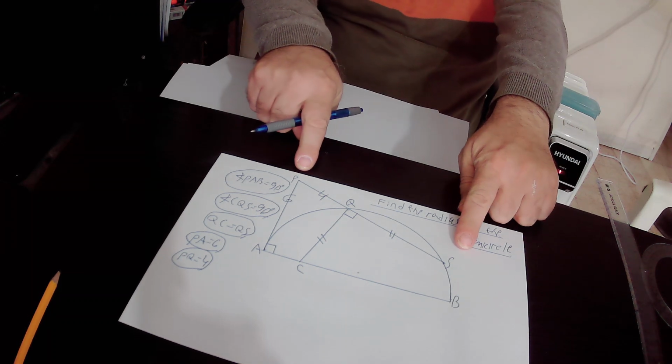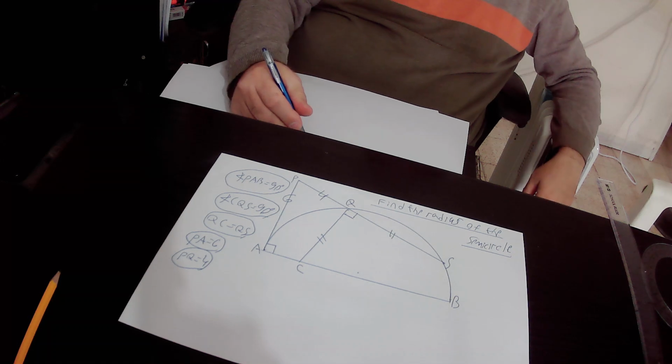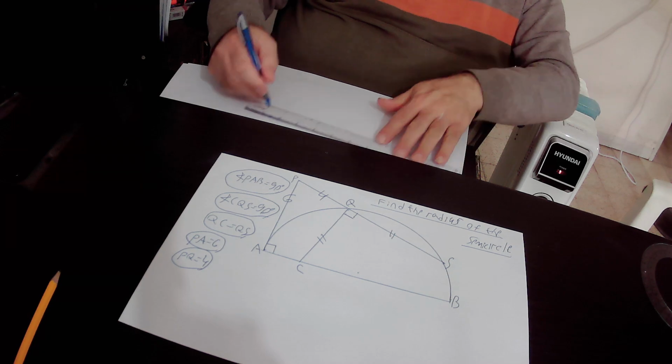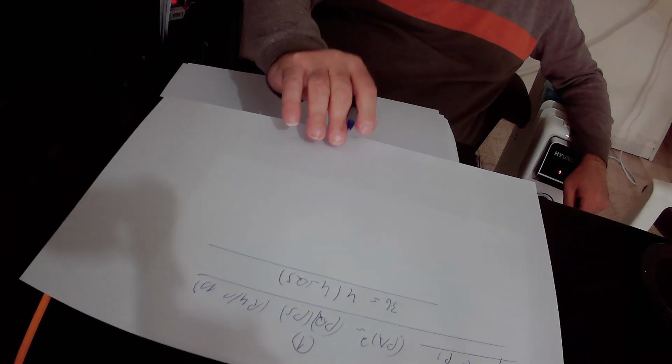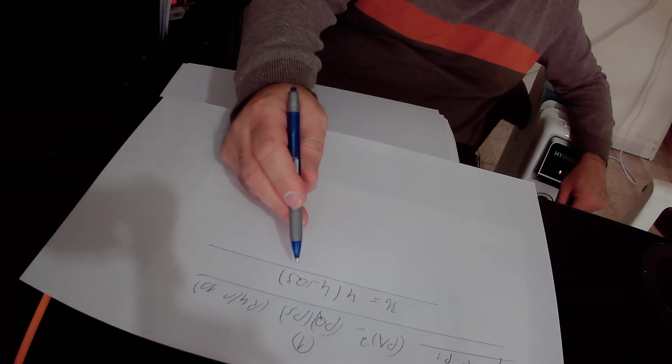PS in total equals 4 plus QS. In conclusion, according to rule number 10, 36 equals 4 times (4 plus QS).